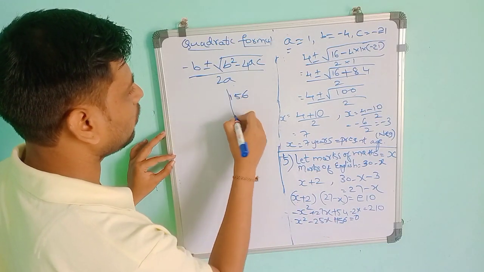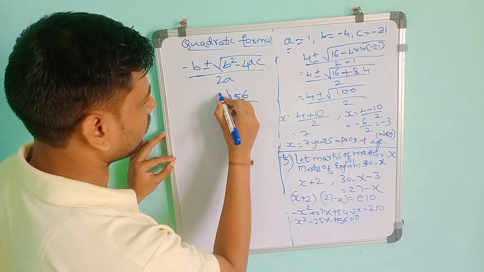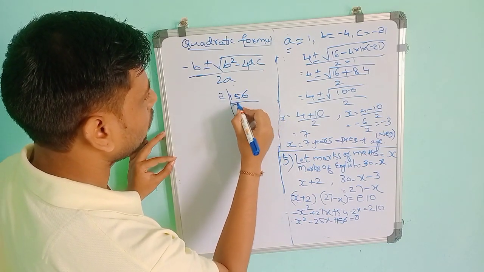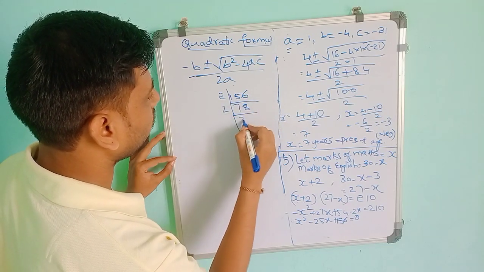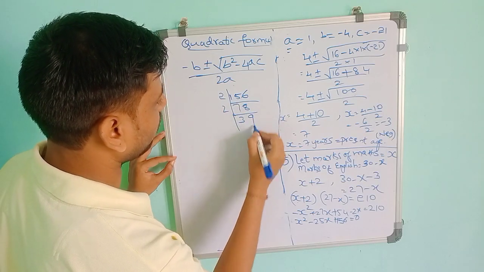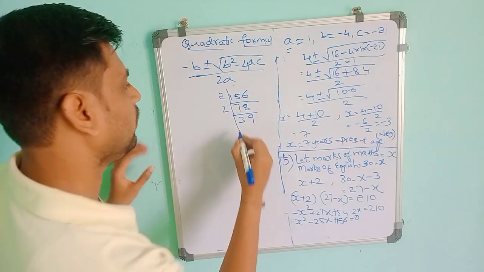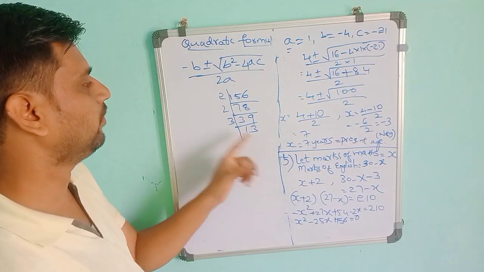If you don't know the factorization, you do it by 2: 2 7s are 14, 2 8s are 16, then 2 3s are 6, 2 9s are 18. Then you can take 3 into 13, and 13 is a prime number, so 13.